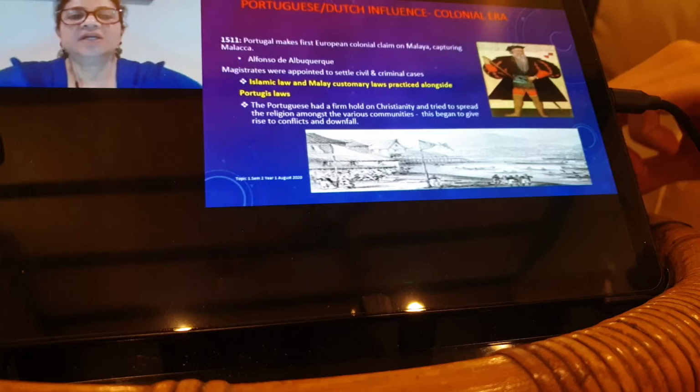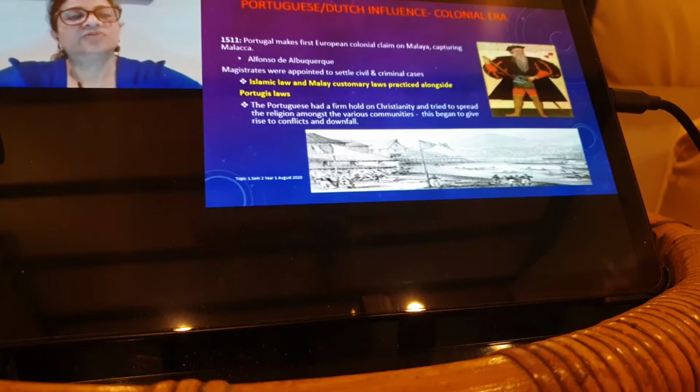So the first foreign power that came to Malacca was the Portuguese. The Portuguese came to Malacca in 1511, and it was captured by Alfonso de Albuquerque. During the reign of the Portuguese, magistrates were appointed to settle civil and criminal cases.